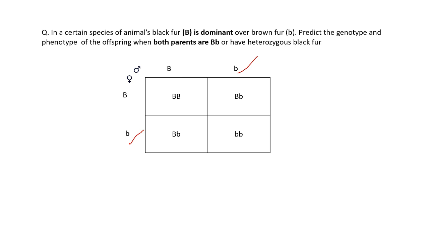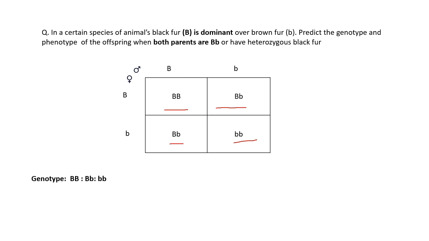Okay, so let's go back to the question. The question was to predict the offspring, their genotype and phenotype. So for genotype, here you can see three types of results: capital B capital B, capital B small b, capital B small b, these both are the same, and small b small b.